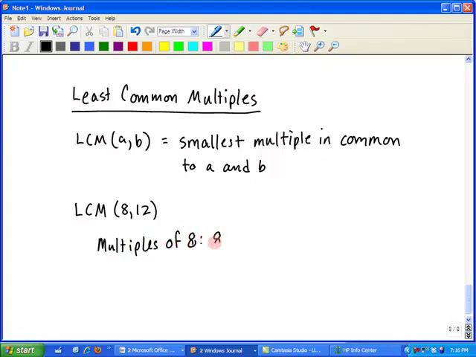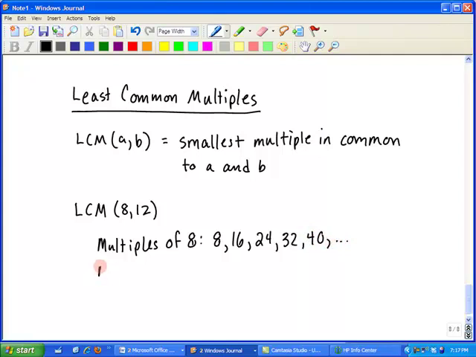Multiples of 8 would be 8, that's 8 times 1, and then 8 times 2 would be 16, and 8 times 3 would be 24. What would the next one be? 32, 40, etc. Those are the multiples of 8, right?